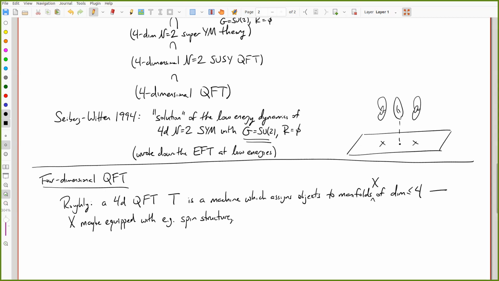It might be equipped with a Riemannian metric. It might be equipped with a framing, a foliation. People have considered by now many, many variants. One thing that'll actually come up for us is it might be equipped with an H connection for some group H, which is sometimes called the global symmetry group. So I'll call it that.